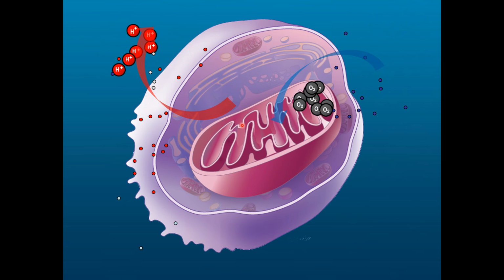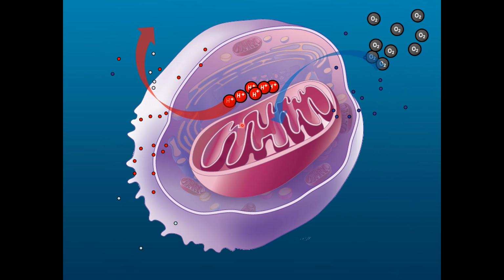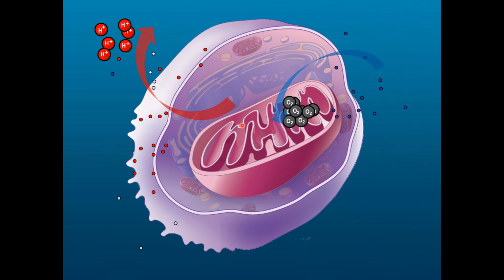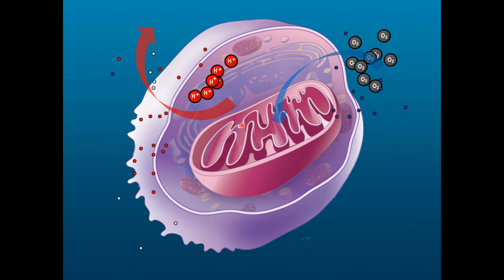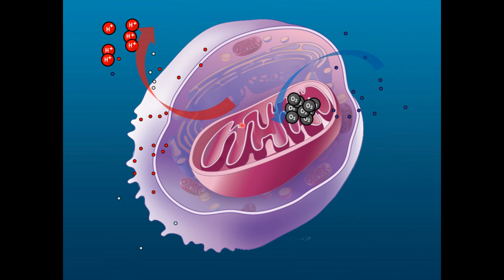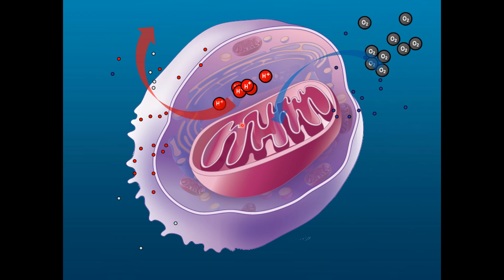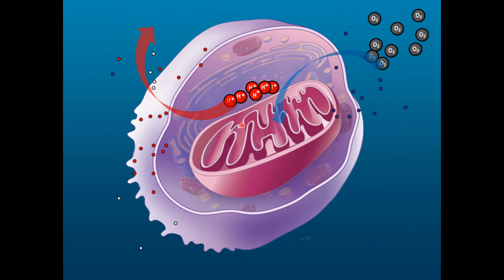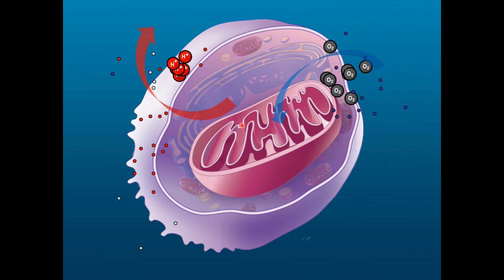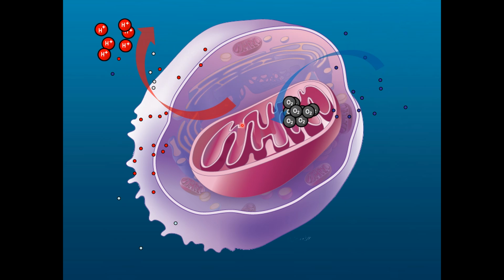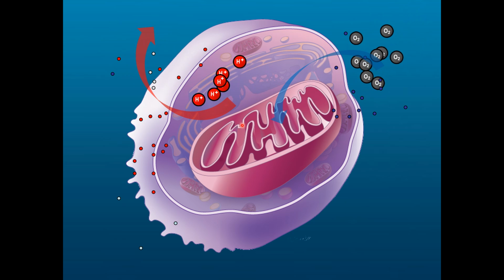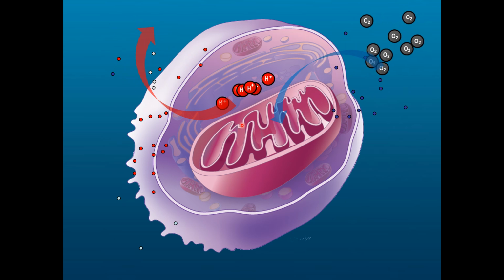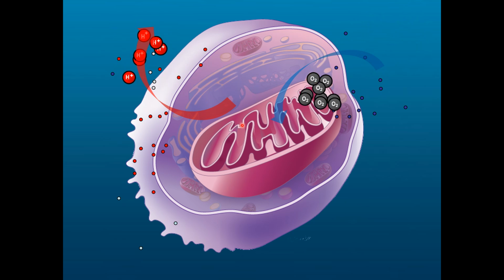So if the cell produces a lot of protons in a certain time, it means it has a higher efficiency of glycolysis. So in this way, we use two fluorescence probes, one to measure the change of the oxygen, and the other to measure the change of the proton. Then we can measure the whole metabolism of the cell.